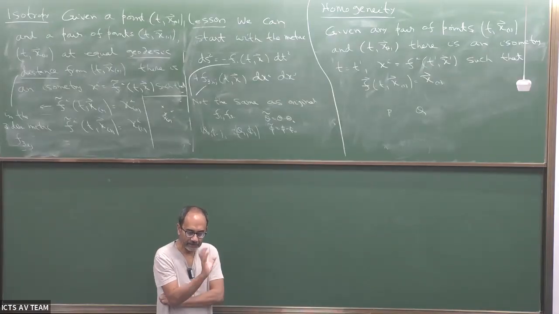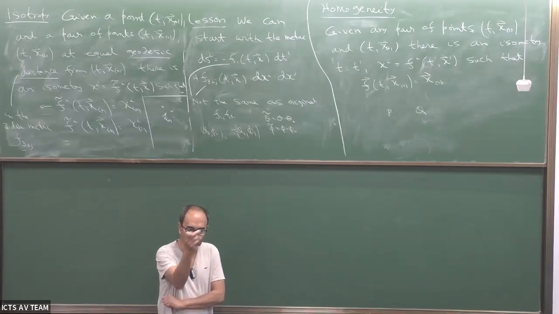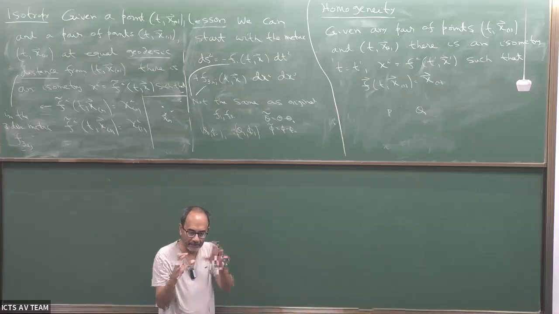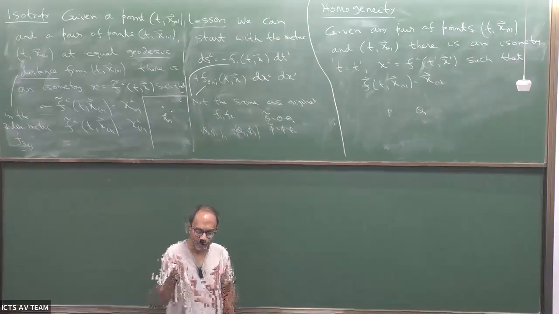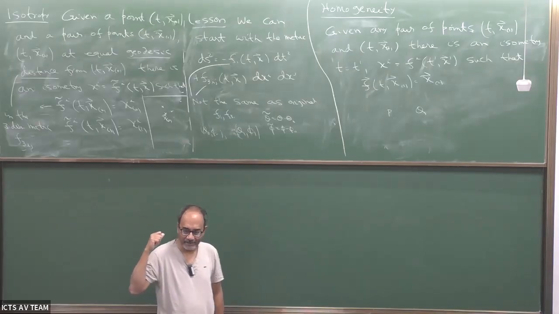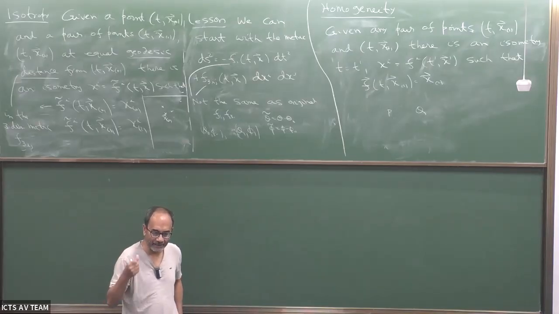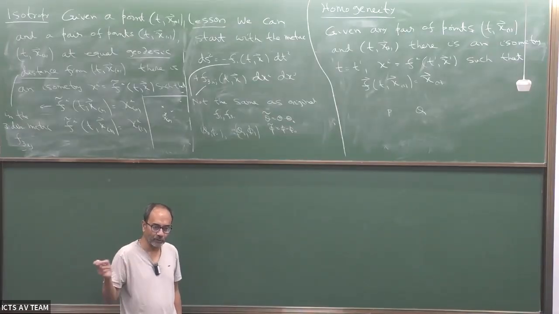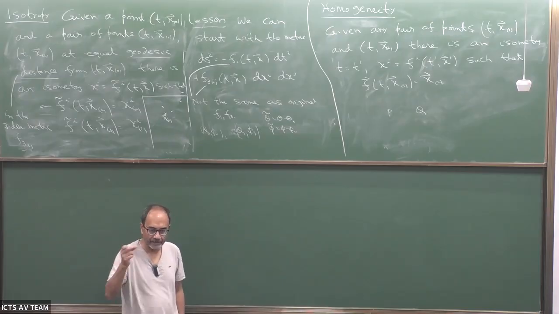Can you think of an isometry that leaves the origin fixed and takes those two points to each other? By rotation, you can only take equidistant points. If you do a translation, the origin moves, and then you violate the first condition. So the first condition is important. If you don't have the first condition, then homogeneity is enough. But keeping the point x naught fixed, if you want to move x1 to x2, they had better be at equal distance.